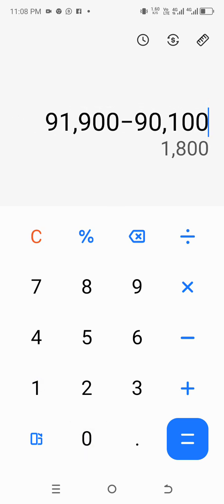And don't forget, it's as low as 50 USDT.